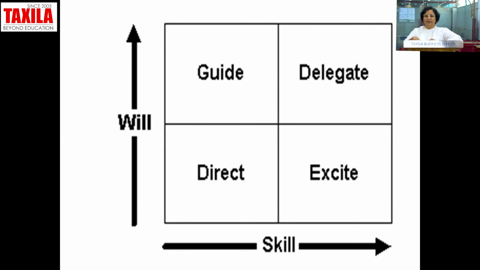The other quadrant that I have left, where the skill is very high, but the will is low. The person knows everything but doesn't want to work. And such people are generally not alone in your organization. They make others around them also like them. So beware of these kinds of people who have the skills but who do not have the will. So while interviewing, you should check what kind of people you are hiring, skill people or will people, right?